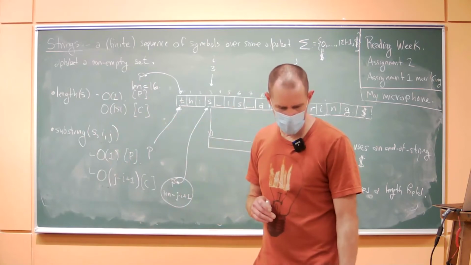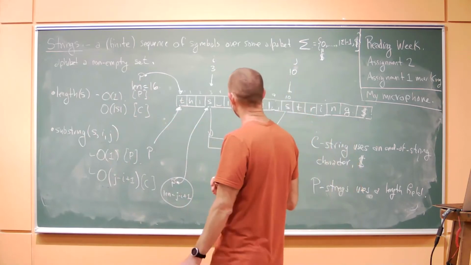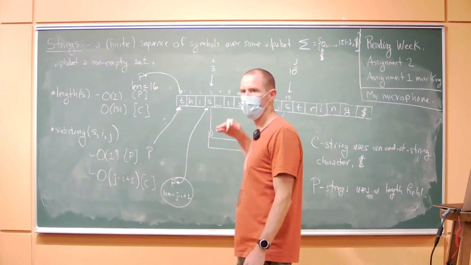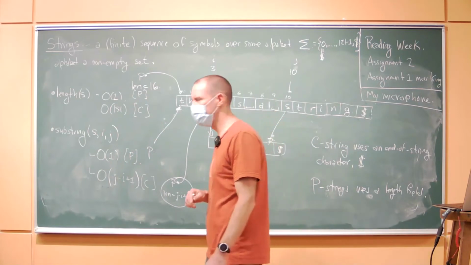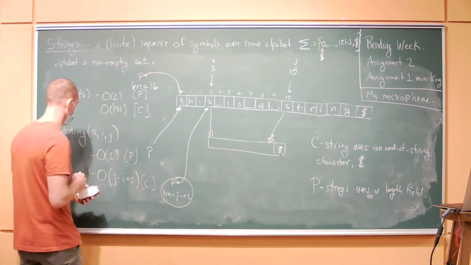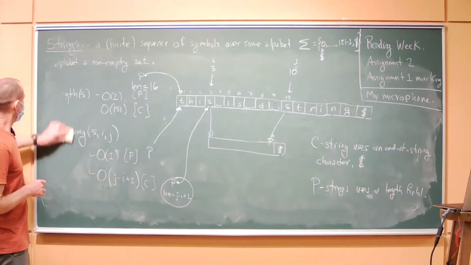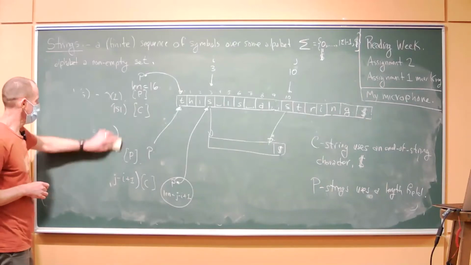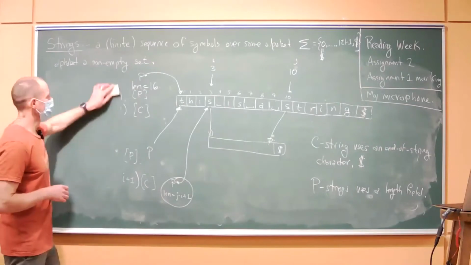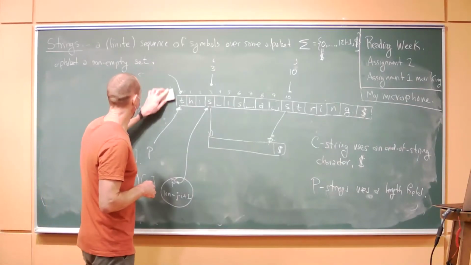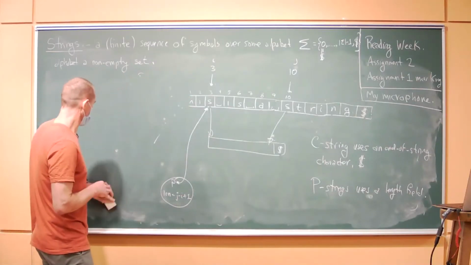All right. So those are data structures. I mean, this is a data structure for storing one string, two different options. For us, we'll use P strings. Now, what makes strings, let's say, different than other things that we've been studying?